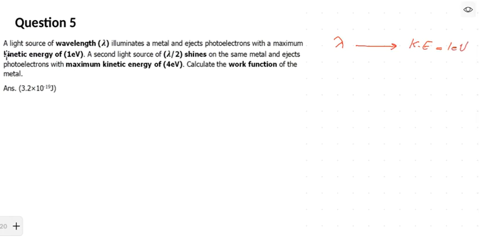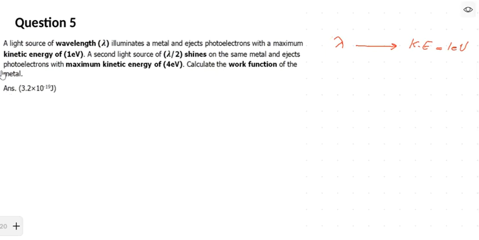So when I use this lambda, it gives me kinetic energy 1 electron volt. We can call it lambda 1.